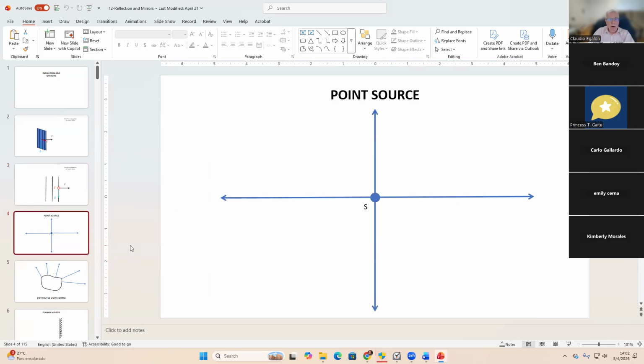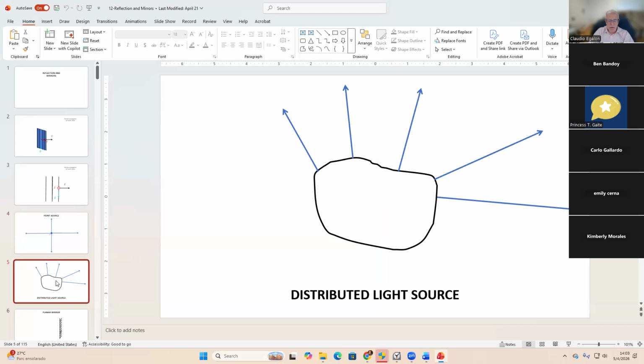So here you go. For a point source, we describe the point source as an S. This point source can be an LED, a regular light bulb, even the sun or any star. We draw the propagation of the light rays as arrows that come out from the source. If we're talking about a distributed light source that has a physical dimension, we would describe it somewhat like that.